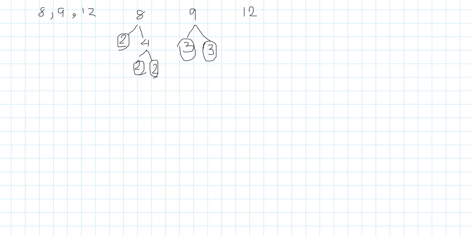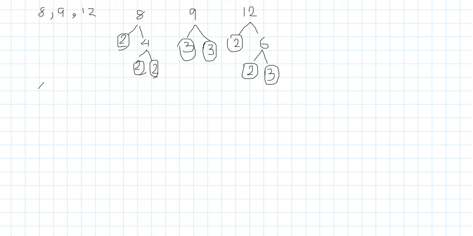For 12, we divide by 2. We can divide by 2 or 3, no difference. It is 6. And 6 divided by 2 is 3. We cannot continue anymore.